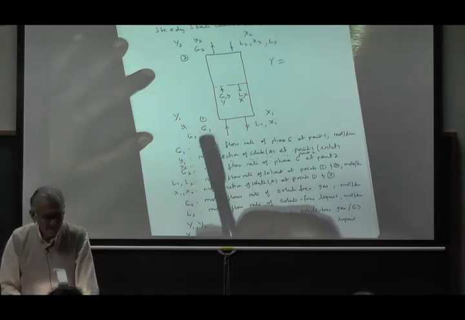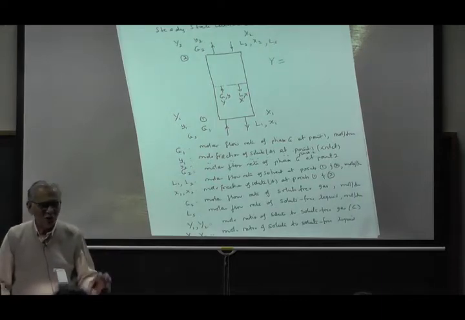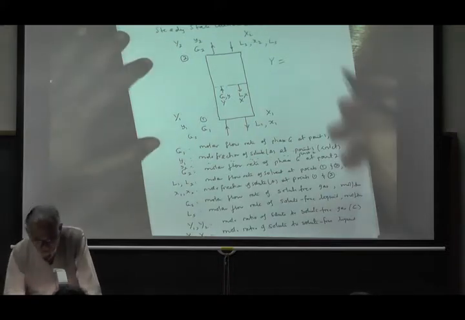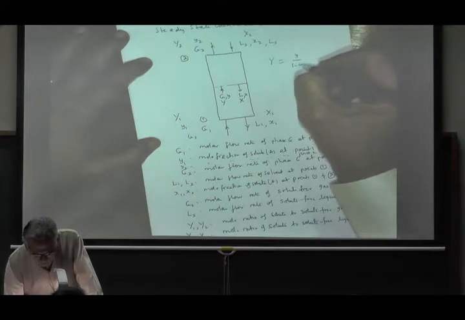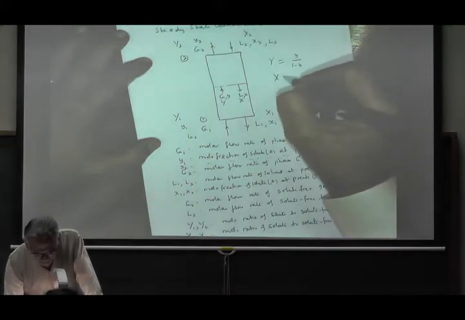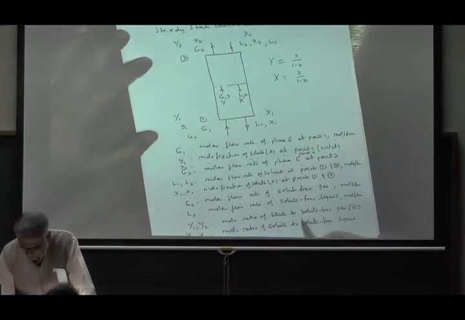Look at this problem. You have 90 and 10, let's say, 10 of ammonia. So the mole fraction of ammonia, small y, is 0.1. What is capital Y? It is Y over 1 minus Y, so capital Y is small y over 1 minus small y. And similarly capital X is small x over 1 minus small x.